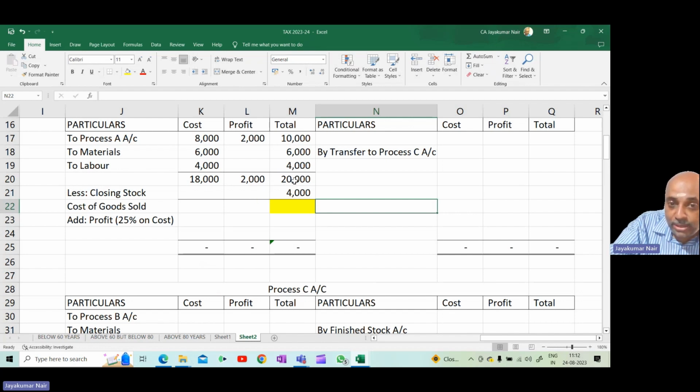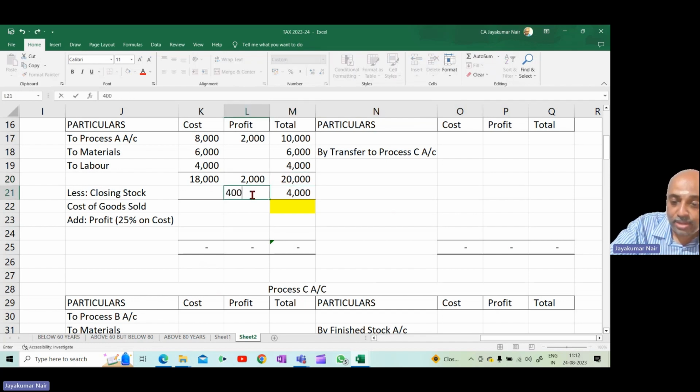This is 10% of this, so this will be 400. So if you want to know what is the cost price, it is 4,000 minus 400. You will get 3,600. So 3,600 is the closing stock to the company.